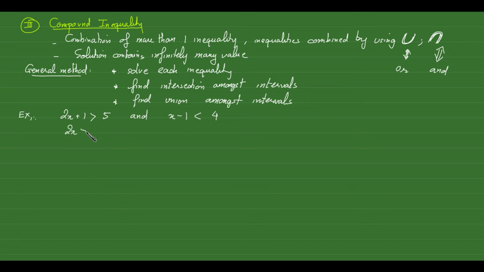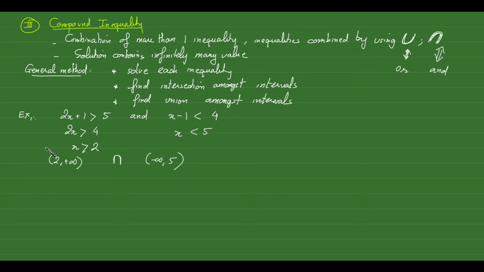So I solve it. Everybody already watched the first video on how to solve linear inequalities. So x is greater than 2, and this is x less than 5. Now if I put it in interval notation, you have 2 to infinity, and "and" means intersection, negative infinity to 5.